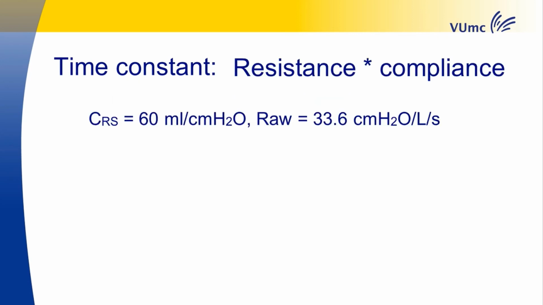Okay, a practical example here. Say the patient has a compliance of the respiratory system of 60 milliliters per centimeter of water, and the airway resistance is 33.6. Then the time constant is 2 seconds. So after 2 seconds, it's empty for 63%, right?